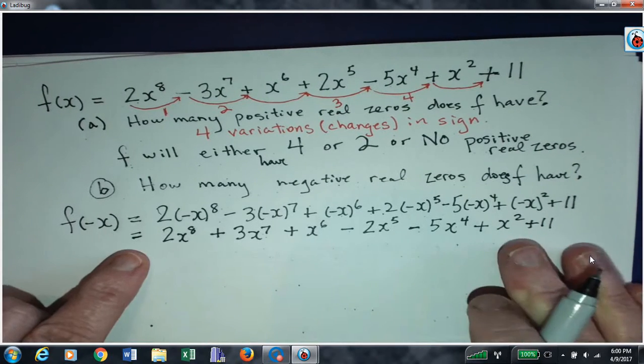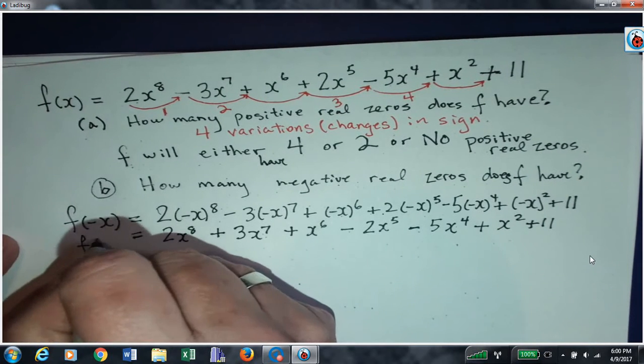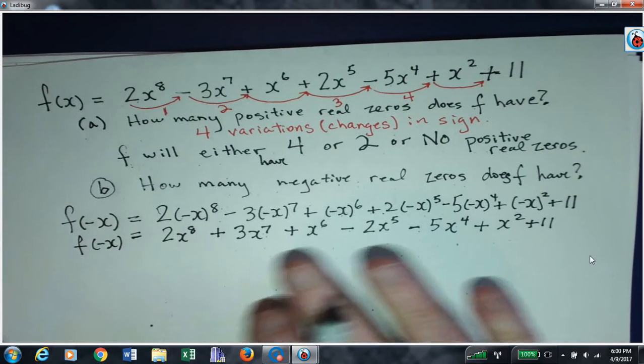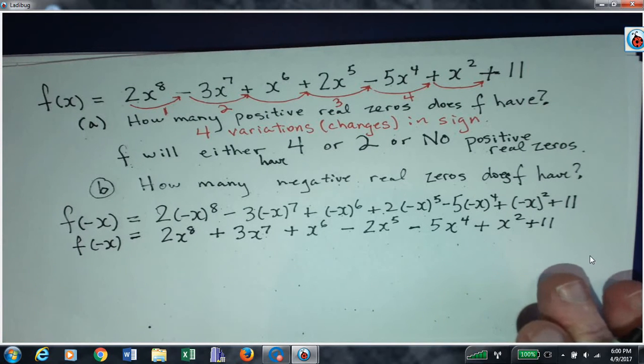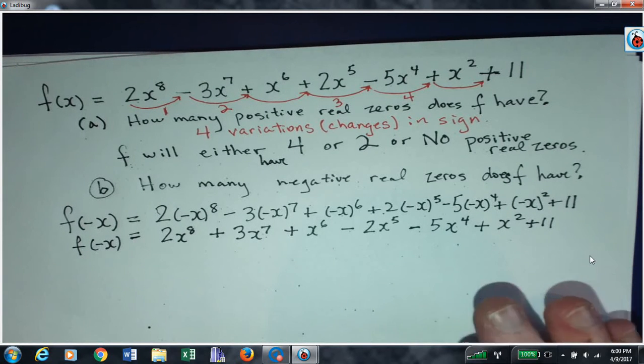Now, it's only when I have it written without parentheses that I can do the test. Now, I told you I would show you a shortcut. So here's the shortcut. Let me get a blank sheet of paper.